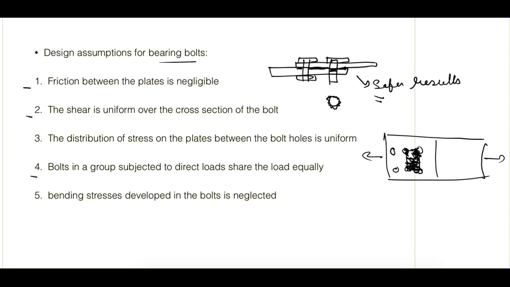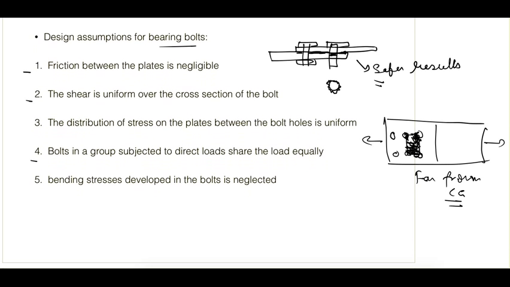Similarly, next one is bolts in a group subjected to direct loads share the load equally. So it says that all the bolts share the load equally, but in actual condition the bolts which are far from the CG have to bear more loads, but still at failure all bolts have to fail.